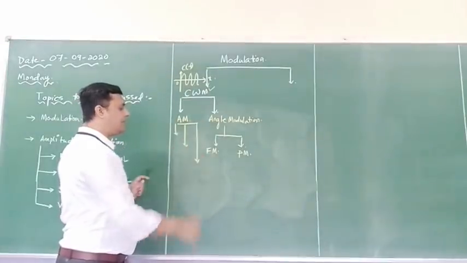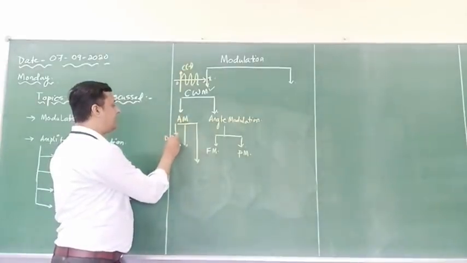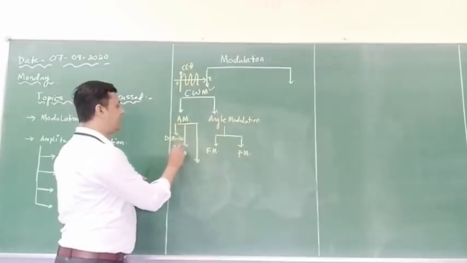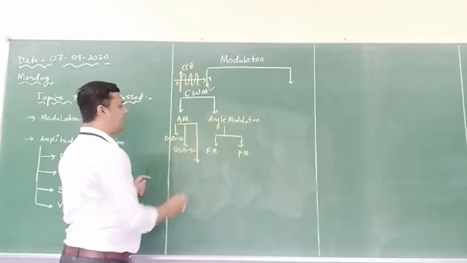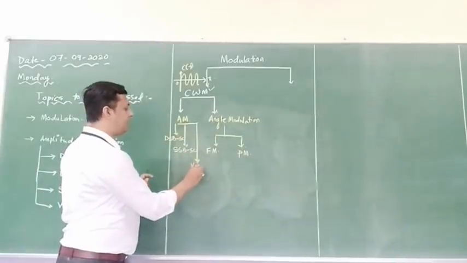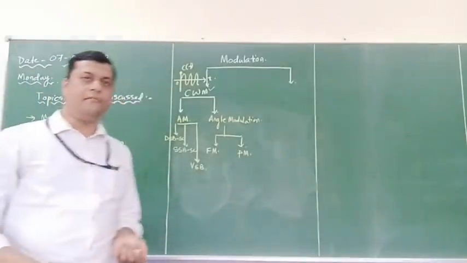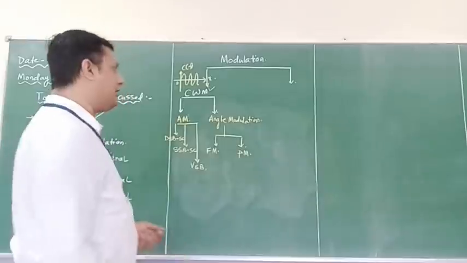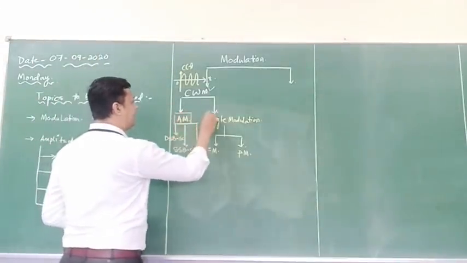One is called DSB-SC, one is SSB-SC, and one is vestigial sideband. These are the fundamental types of modulation within an AM modulated signal.